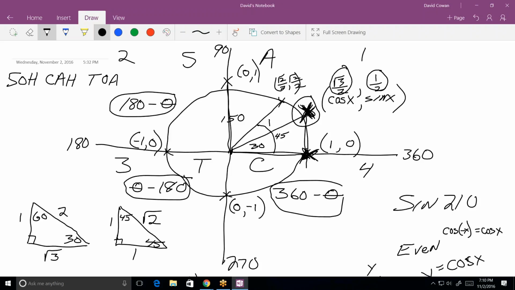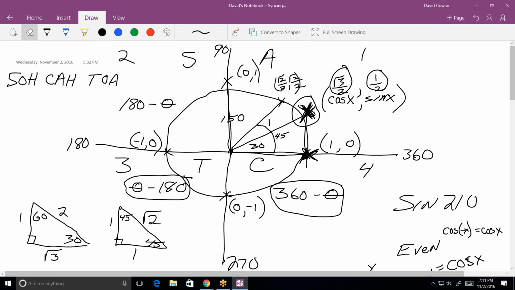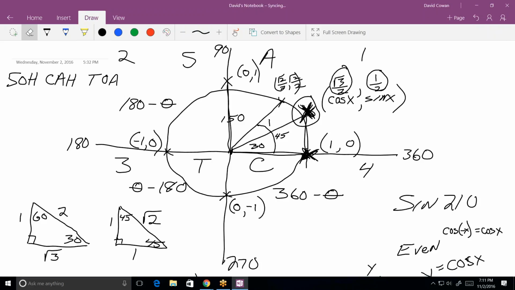It's 360 minus theta, and that's similar to the second quadrant. So the second and the fourth begin with numbers. The third begins with the theta. Let me think if there's anything else. The All Students Take Calculus mnemonic helps you remember. In other words, a lot of this stuff you can memorize just by the pattern of it.